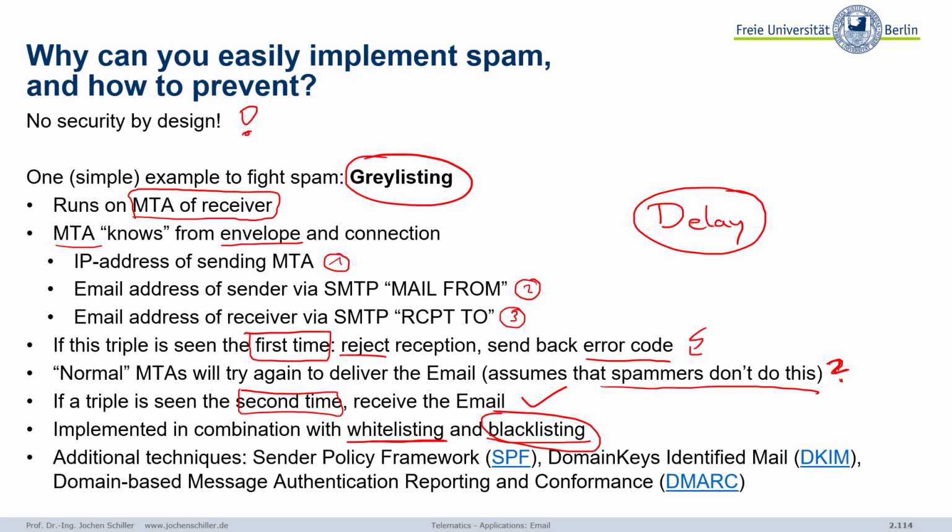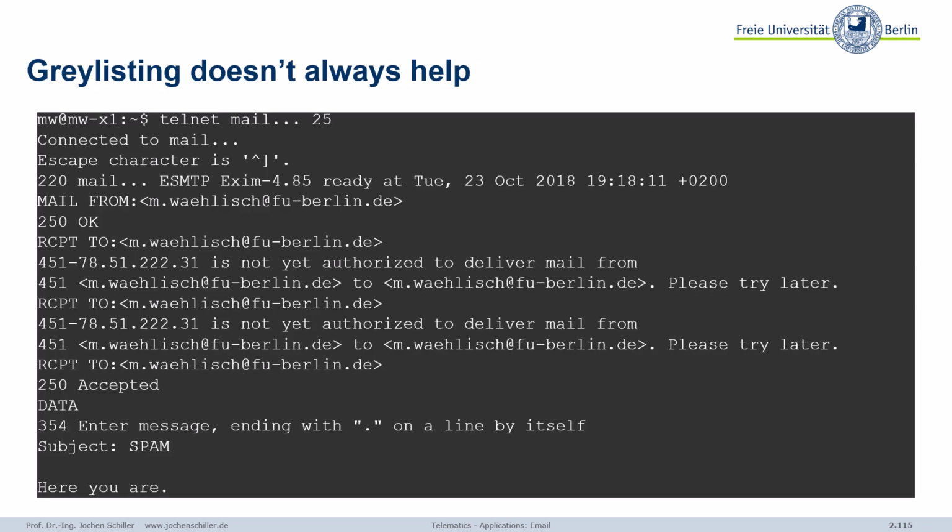Greylisting, just to give you an example. Yes, we can try this. Just to show you how this works, we do the example. Colleague tries to send email to himself, and the system will say, "You're not yet authorized. That's my first time. Try later."